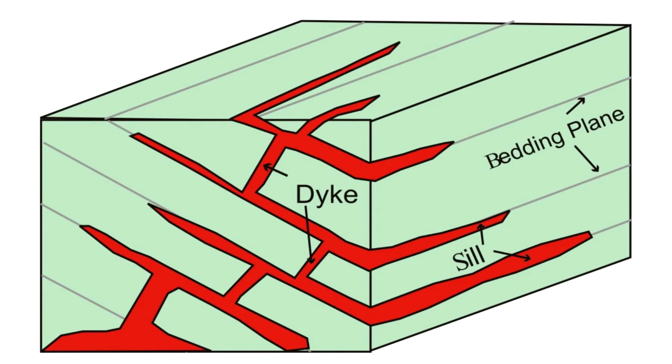So, in flood basalt volcanism, lava flow is one of the most important units, but there are other important features also, which are better known as dikes. Dikes are igneous bodies that cut across whatever rock they come across.